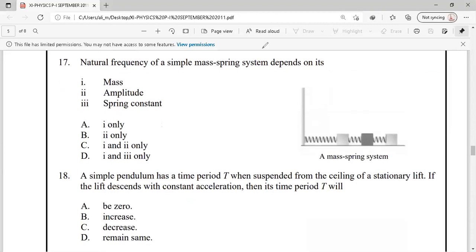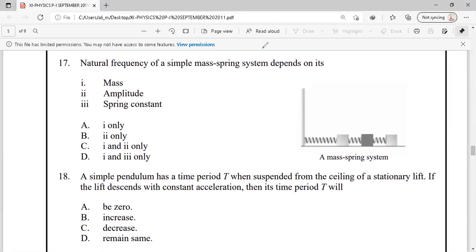Let's come to questions number 7, 17 and 18. The natural frequency of a simple spring mass system depends on which of the following factors? We know that the frequency of the spring mass system is equal to 1 over 2 pi times the square root of k over m.